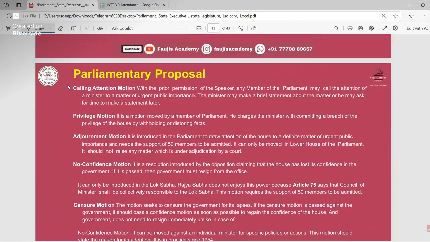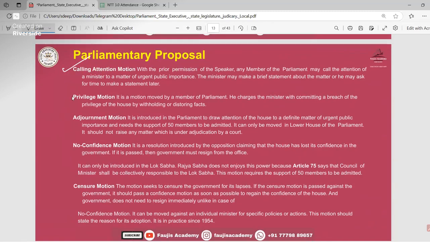There are various types of motions like calling attention motion, privilege motion, adjournment motion, no confidence motion, censure motion. These all hold their own importance. Calling attention motion is, with the prior permission of the speaker, any member of parliament may call the attention of a minister to a matter of urgent public importance.